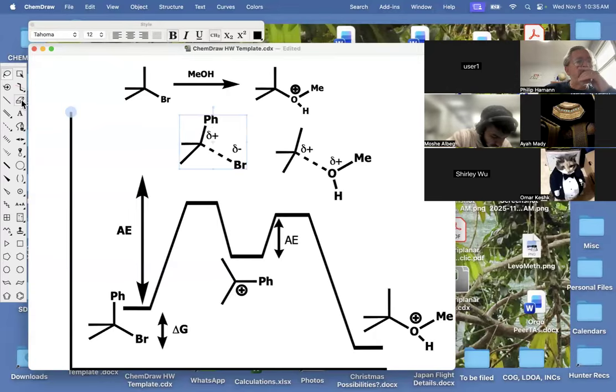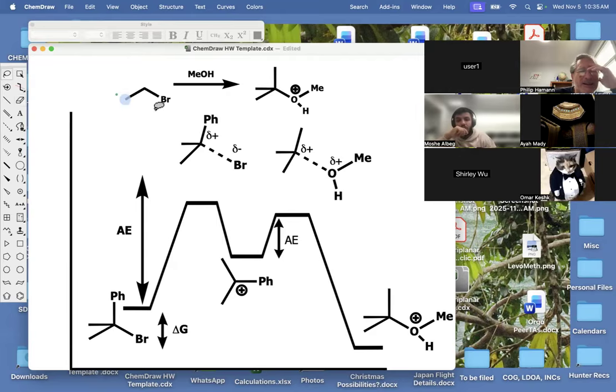Okay, let me continue with Hammond's postulate for SN2, just to compare and contrast, if you will. Could you also show how to draw the stereochemistry in the transition state of SN2?